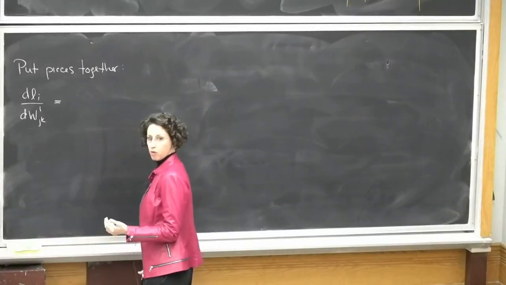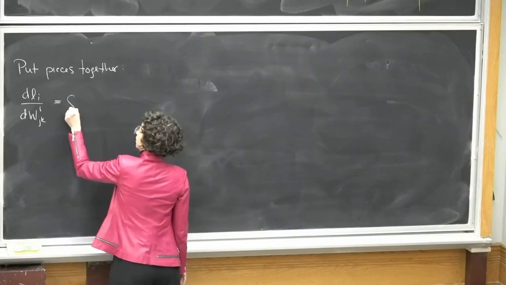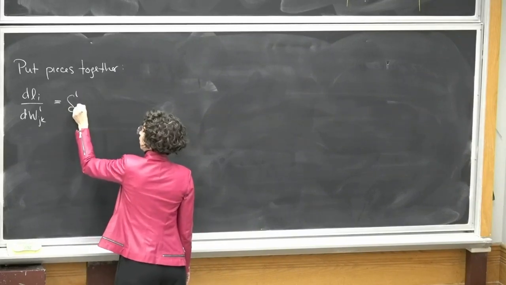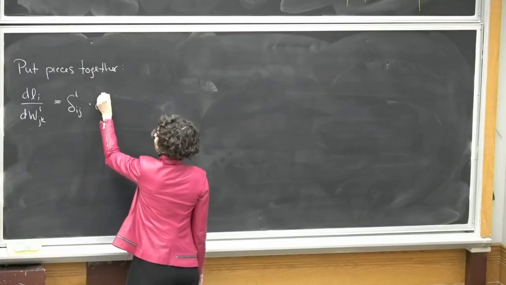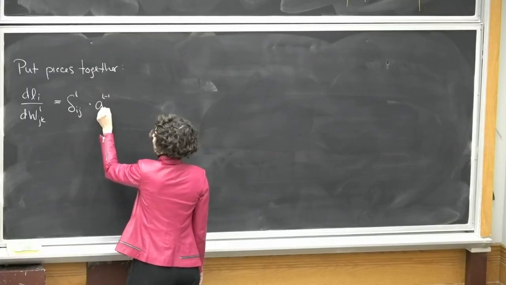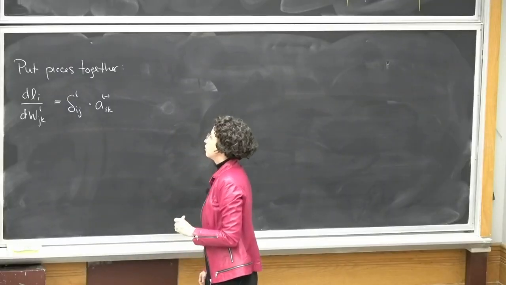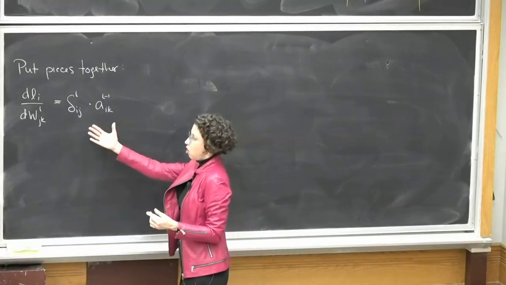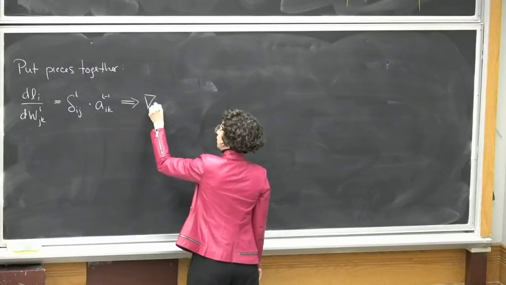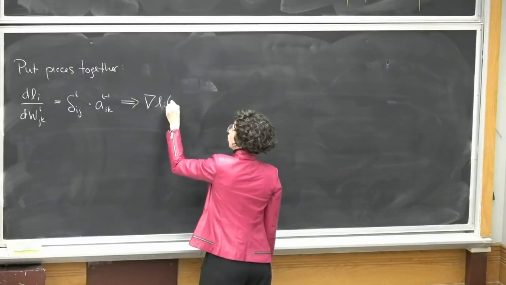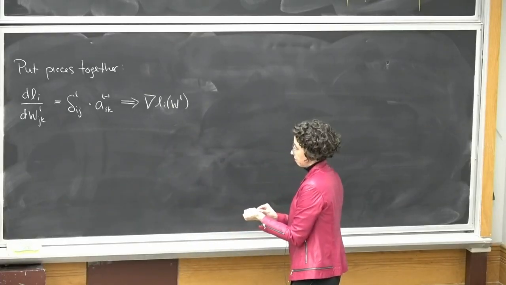And what we derived through all these calculations is that this is going to be delta^l_ij times a^(l-1)_ik. And so now we can stack all of the pieces together in order to get the gradient of L_i with respect to the whole weight matrix W^l.